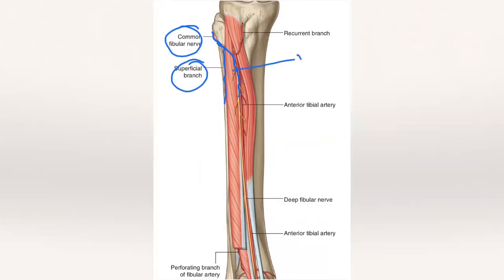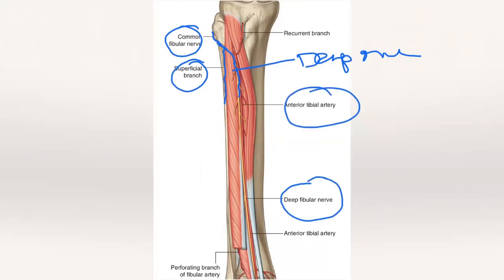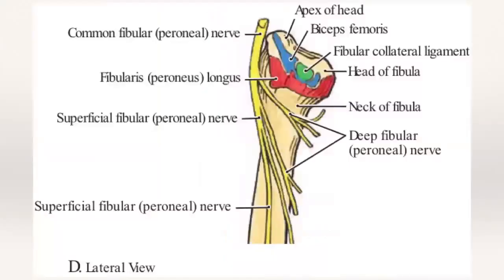This is the deep one. The deep fibular nerve accompanies the anterior tibial artery throughout its course, right? So you see, this is the nerve. This is where the fibularis longus arises, right? So this is how it divides. This is deep. This is the superficial nerve, right?